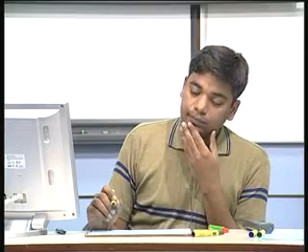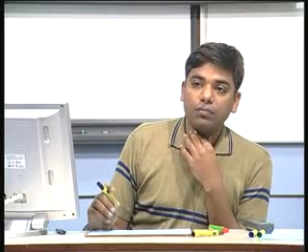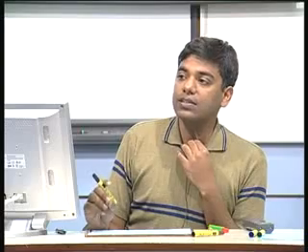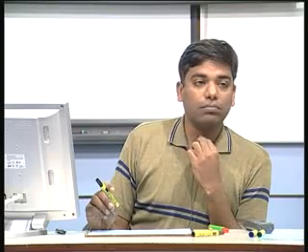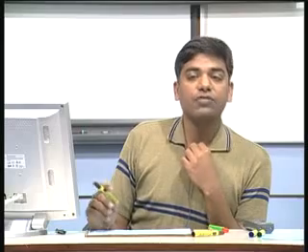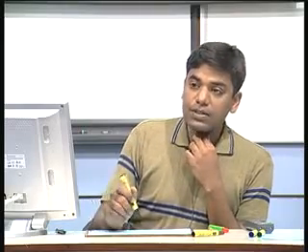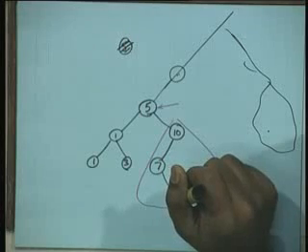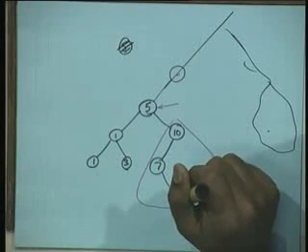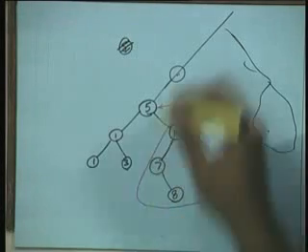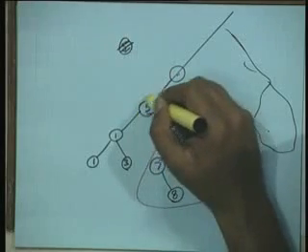Let's say, so the easiest way to think of this is as follows. Suppose we were searching for some element slightly larger than 5, that is, we were searching for the successor of 5. Suppose we were searching for 5, the claim is that we will end up at this node.